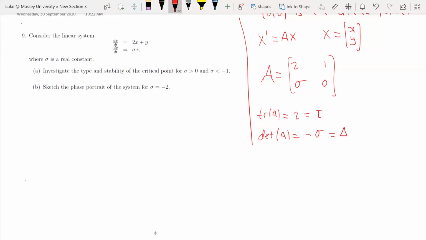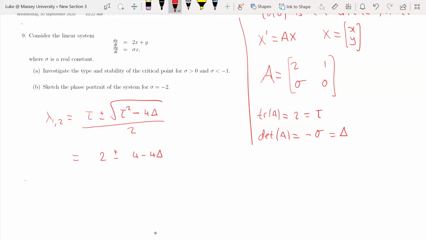So the eigenvalues of matrix A, if you recall for this 2 by 2 system, are tau plus or minus the square root of tau squared minus 4 times delta, all over 2. Well, let's put the numbers in there. Tau is 2, so 2 plus or minus the square root of 4 minus 4 delta.